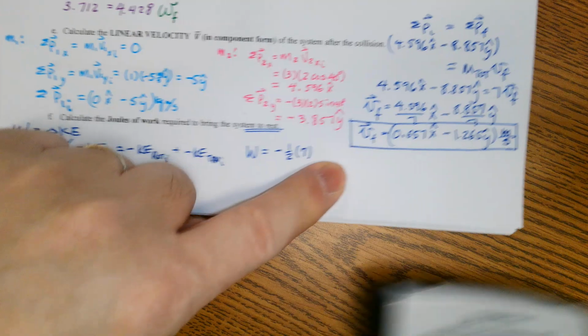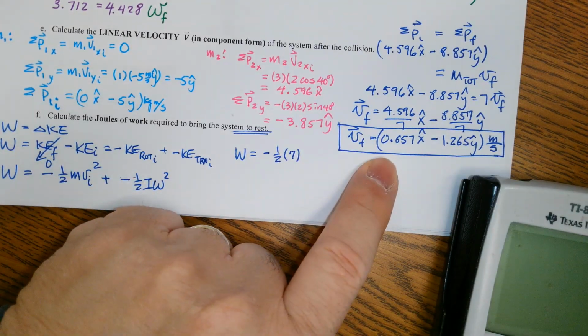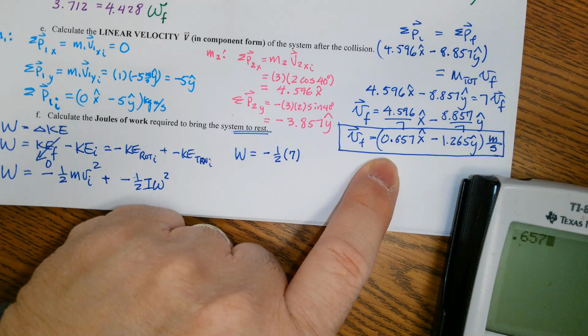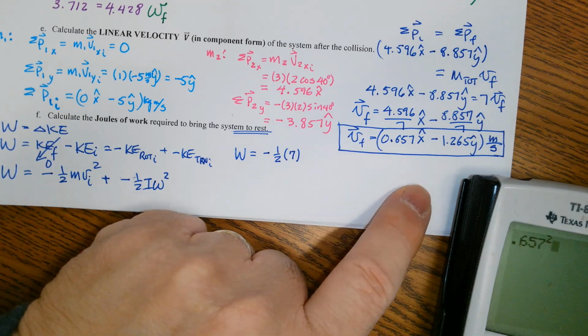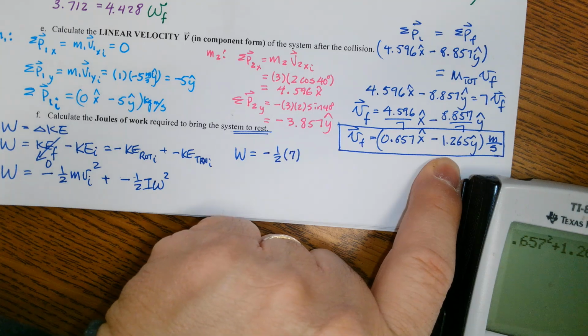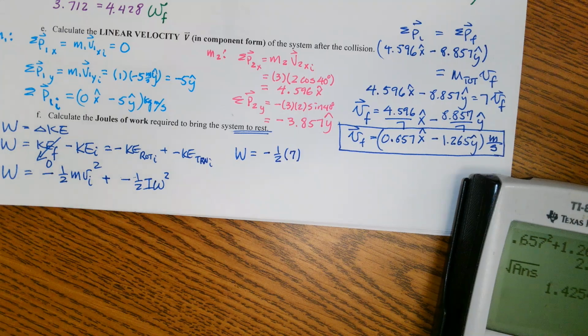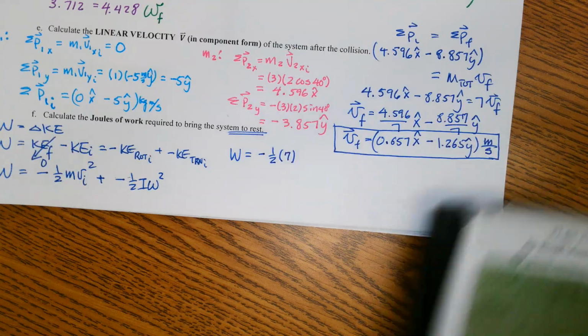What's the magnitude of this? Here we can say 0.657 squared plus 1.265 squared, then you square root that, and you get 1.425.